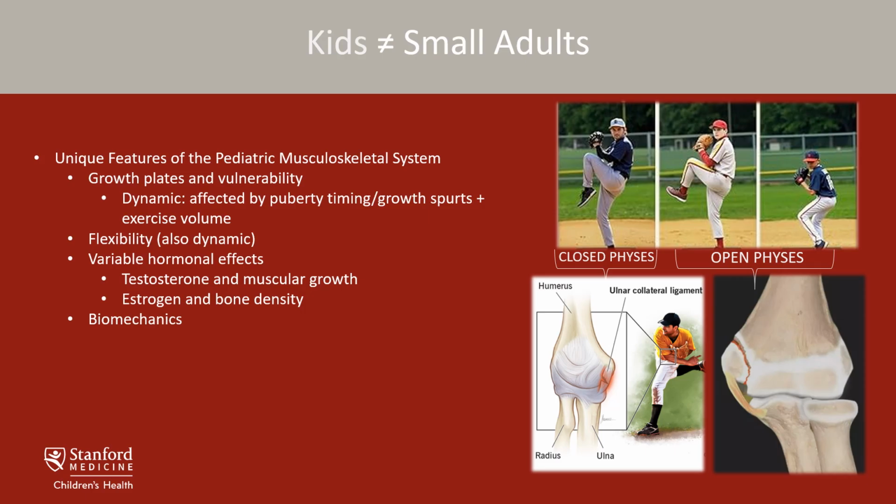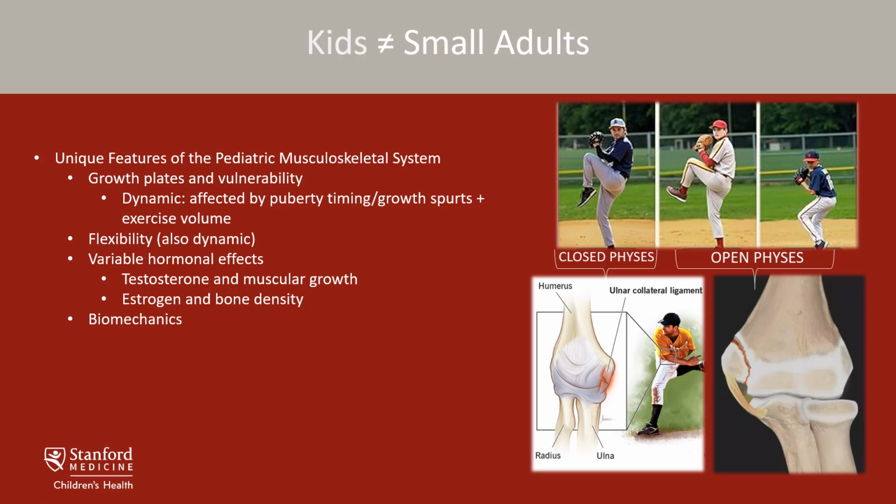On the right, you can see an adult, a teenager, and a child pitching. The adult and the teen to a layperson look very similar, and they might both present with medial elbow pain related to pitching, but inside, the teenager's differential looks a lot closer to the child's, which is significantly different from the adult's.